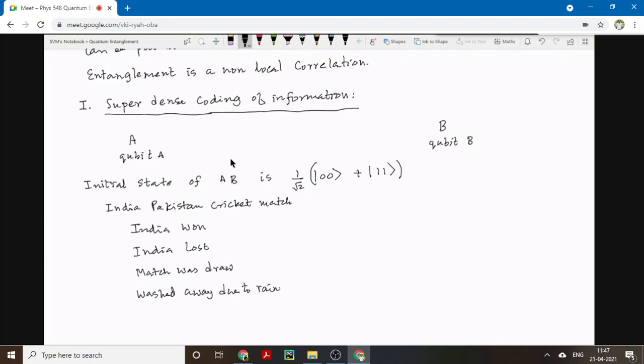So you have to send one of these three pieces of information. Now, classically, what do you do?